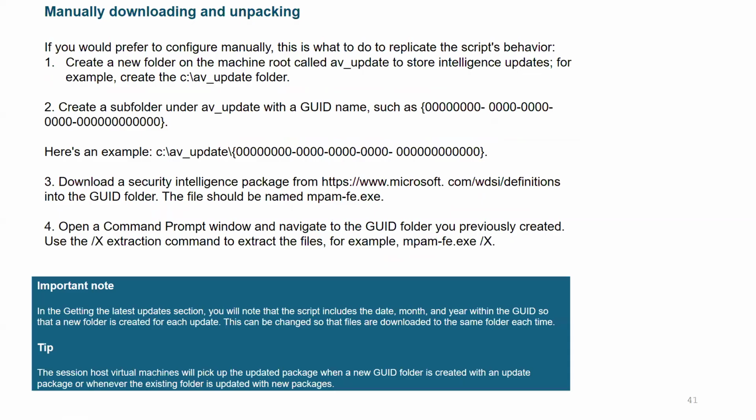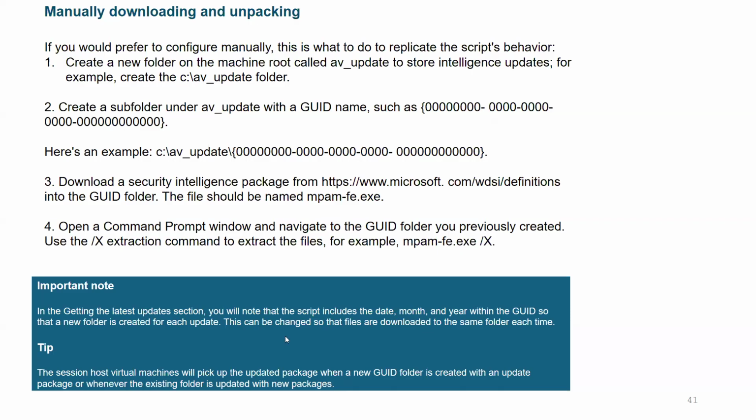Now, manually downloading and unpacking: you can download manually. Automatically it will download from the particular file location and create one folder, and it will run automatically. So here is the folder. It will create a date and time folder, so yesterday's date, today's date, it will create a new folder and execute automatically.